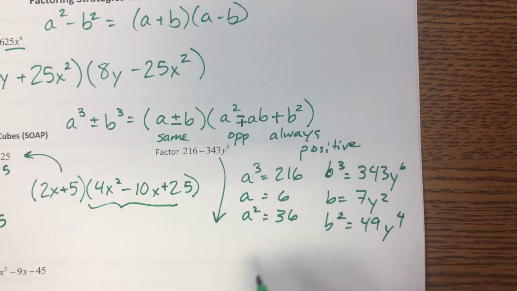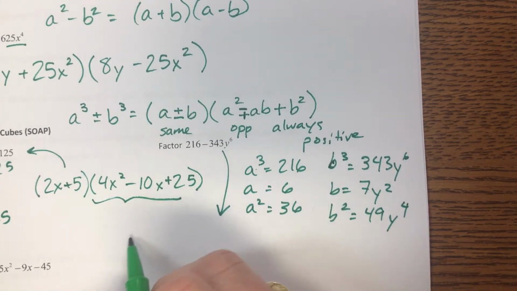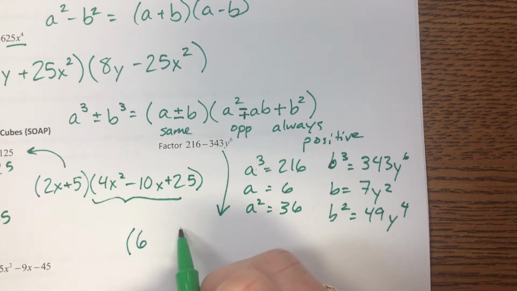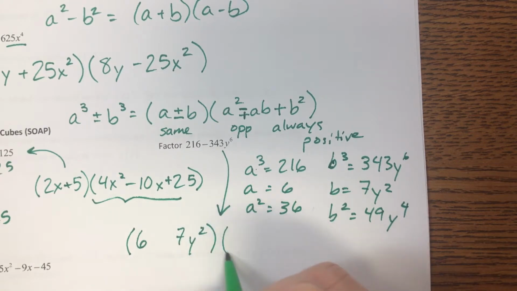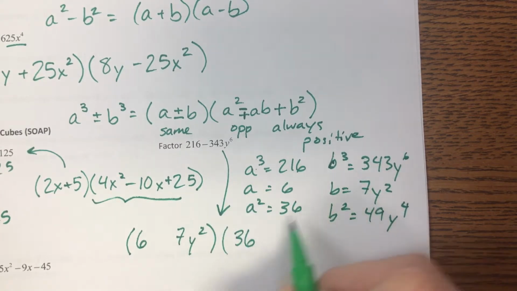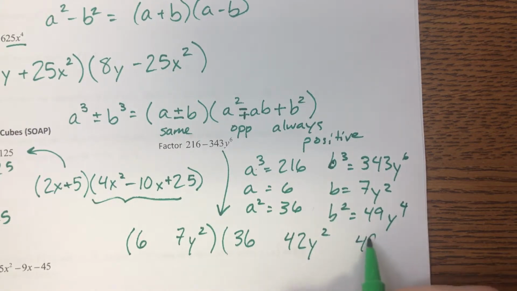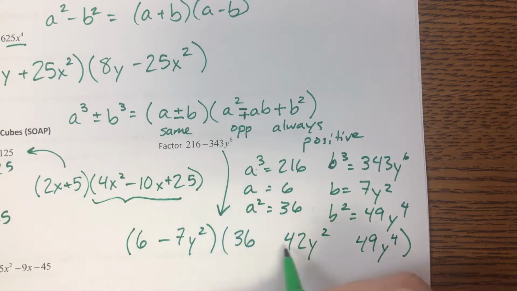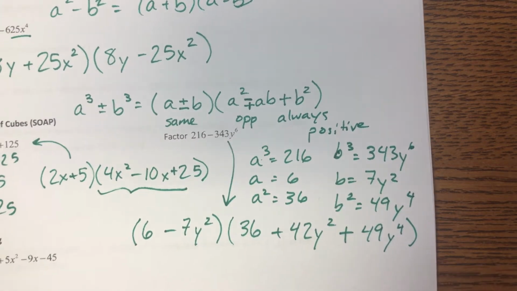If I'm wrong, I'm so sorry. I'm tired. Okay, so then this becomes a, b, a squared, ab gives me 42y squared, b squared, 49y to the fourth, and then it's the same, opposite, and always positive.